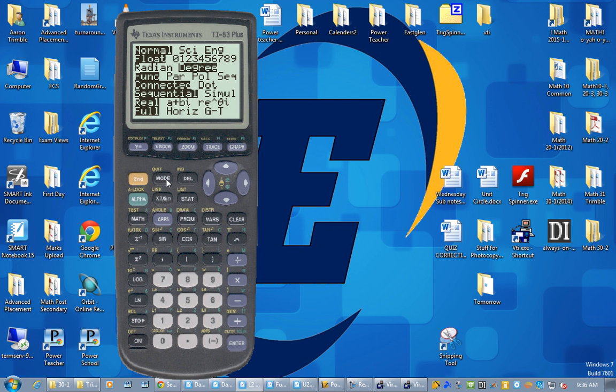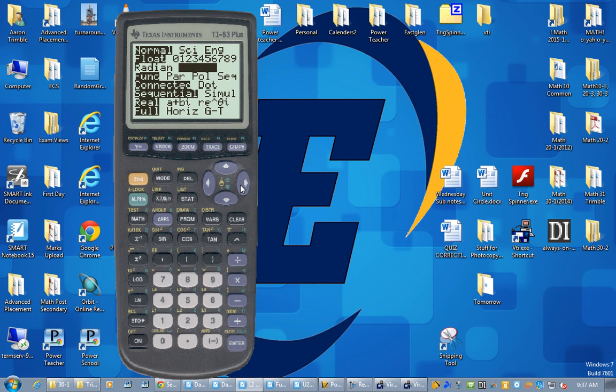Do you see where the arrow is there? Hit mode. Now, right now, is your calculator in radians? Go down to, is it in radians or degrees? Radians or degrees, those are the only two. You got to make sure it's in degrees or you'll get these all wrong. You do not learn radians until grade 12.